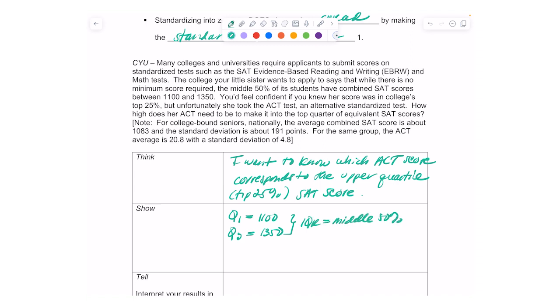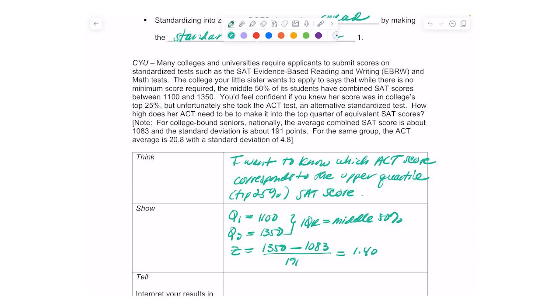Okay, so what I can do here is find my z-score. And I'm going to find it for 1350, which is the top 25%. I'm going to subtract the average for the SAT group, which is 1083, and then divide that by the standard deviation, which is 191, and I get 1.40.